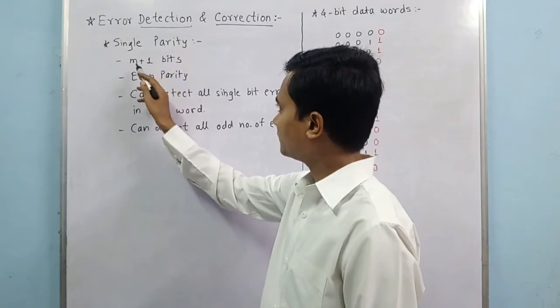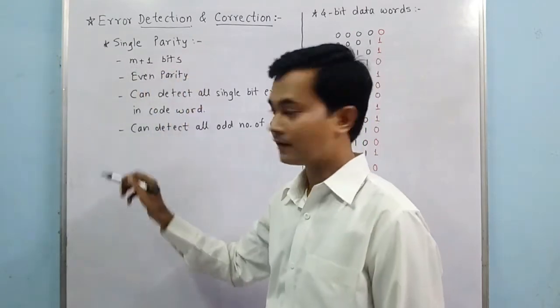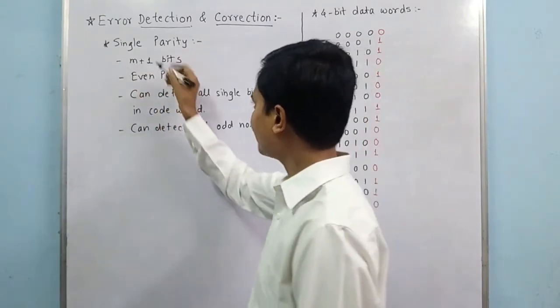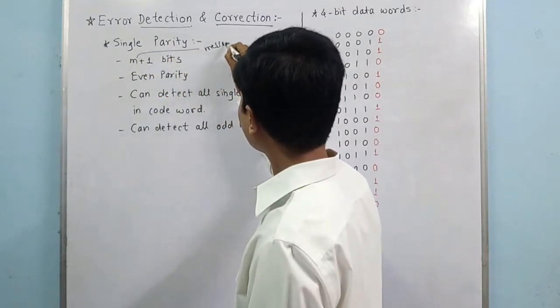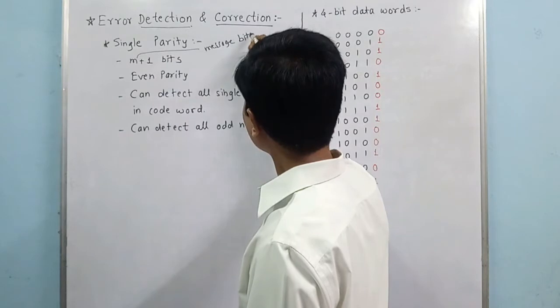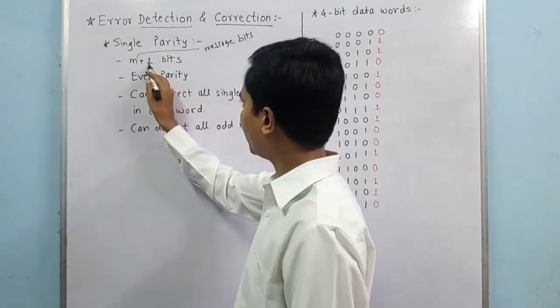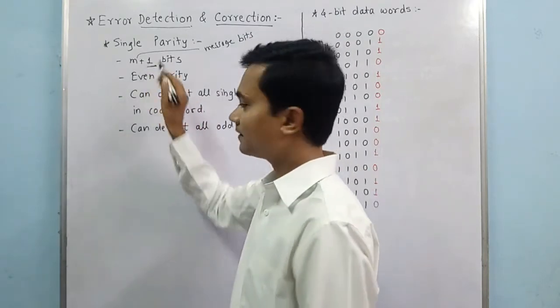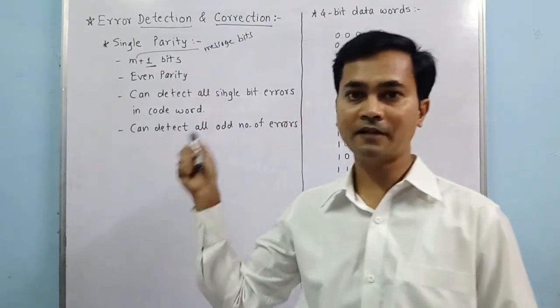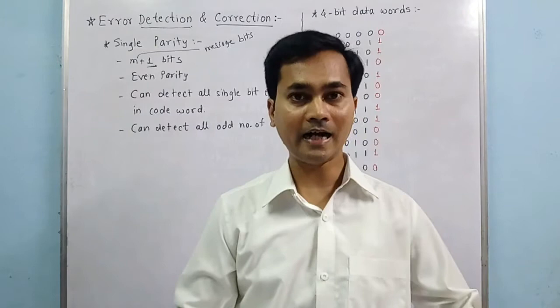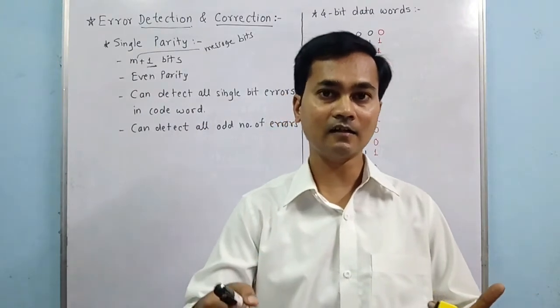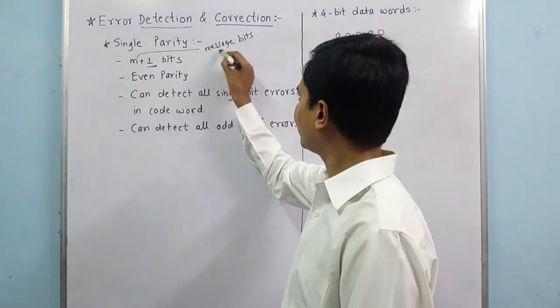The first point is m plus 1 bits. What is m? Here m indicates the message bits, and 1 bit is the redundancy bit. The extra 1 bit is sent by the transmitter so that the receiver will detect the error available in the message bits.